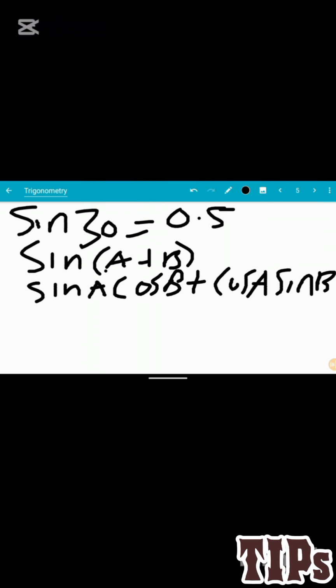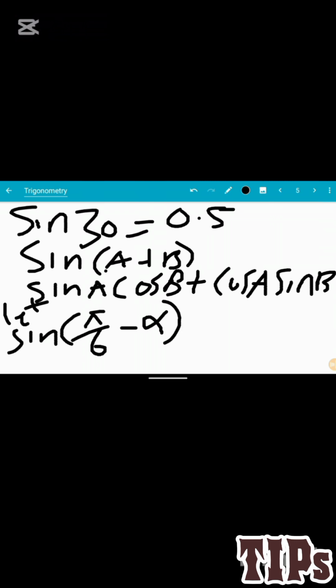So we let our equation be sine of pi over 6 minus lambda. This lambda is just known as a substitute variable.